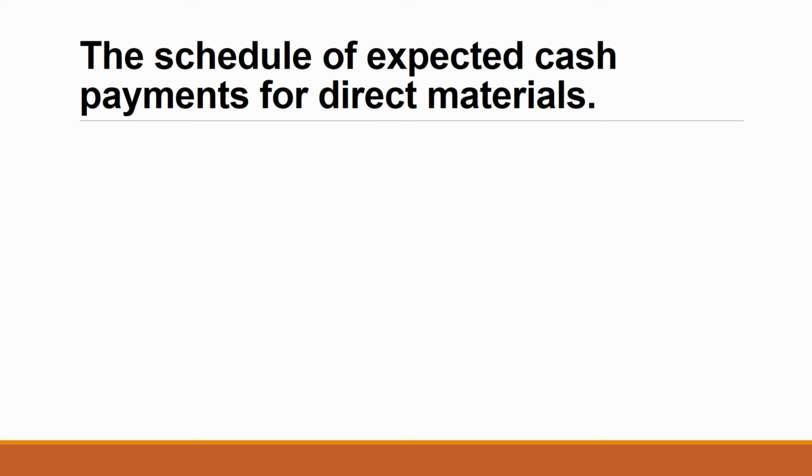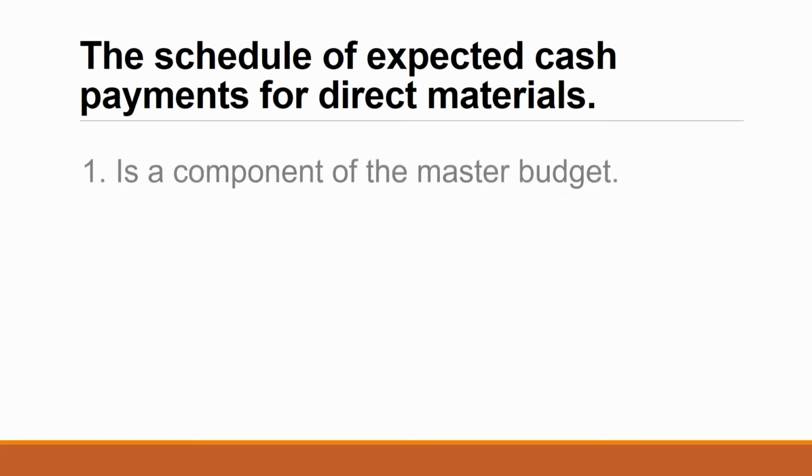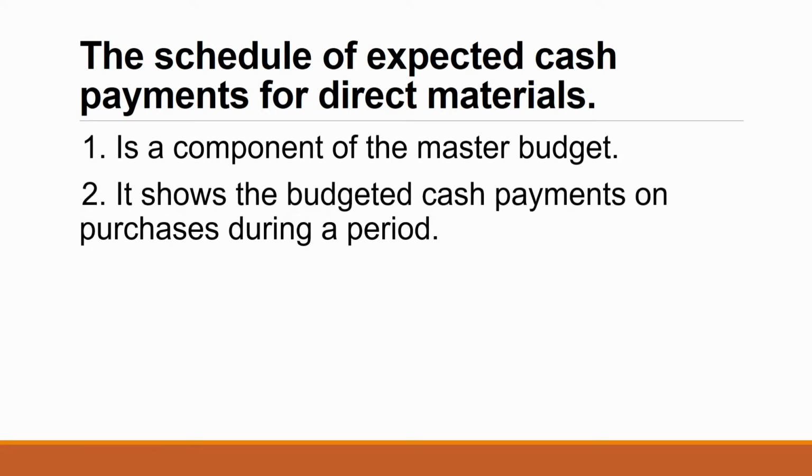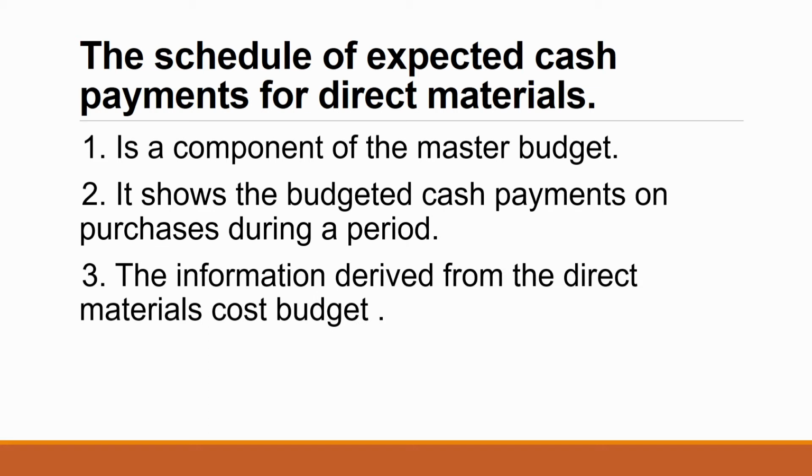The schedule of expected cash payment for direct materials. Number 1, it is a component of the master budget. Number 2, it shows the budgeted cash payments on purchase during a period. Number 3, the information is derived from the direct materials cost budget.